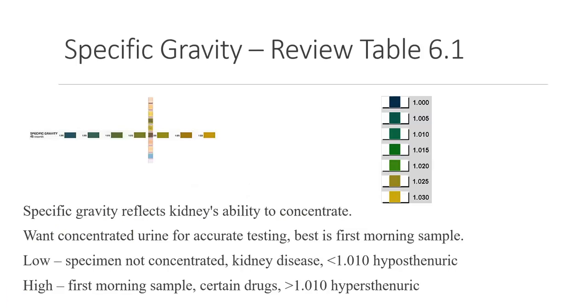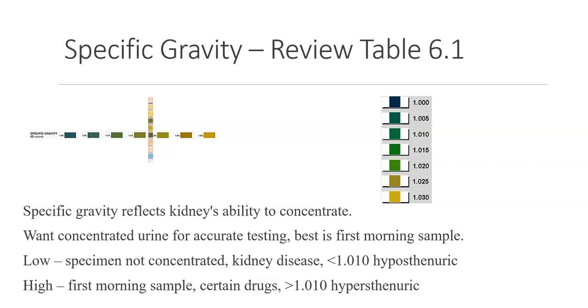We start our discussion with the actual chemical examination with specific gravity. I want you to review Table 6.1 in your textbook. Specific gravity reflects the kidney's ability to concentrate, and we talked about this quite a bit in the last chapter of the book. We want concentrated urine for accurate testing, and the best sample for us is the first morning sample.